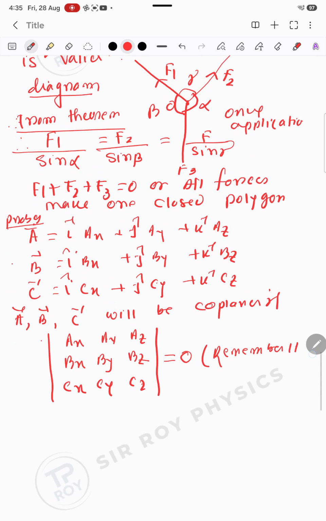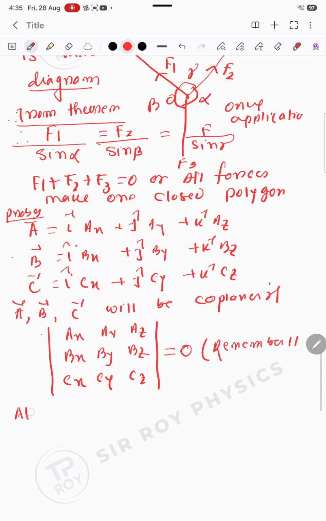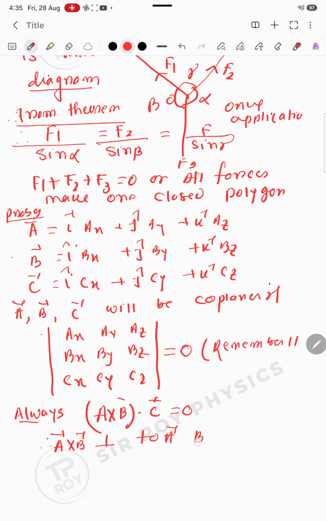Always remember A cross B dot C equal to 0, because A cross B is perpendicular to A and B, and C, A, B, C lying on a plane.